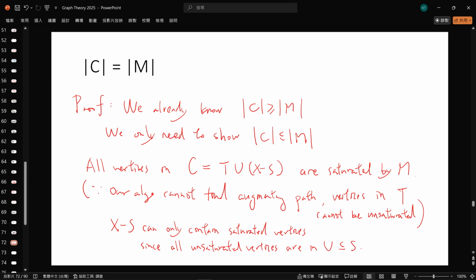So now we know that all these vertices in T and X minus S, they are saturated, okay?